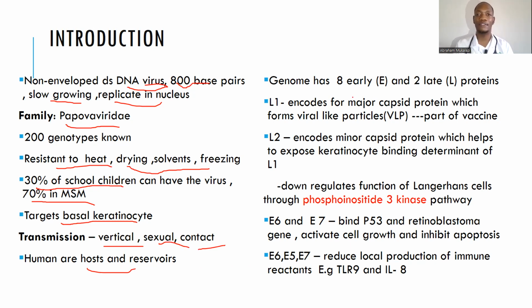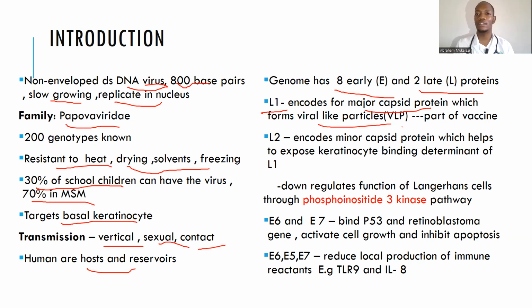In their genome, they have characteristic genes that we usually group into 8 early genes and 2 late genes. These genes encode different proteins that facilitate the virus when it has entered your body. The L1 gene encodes the L1 protein, which is the major capsid protein of the virus, and this is usually rearranged into what we call virus-like particles.